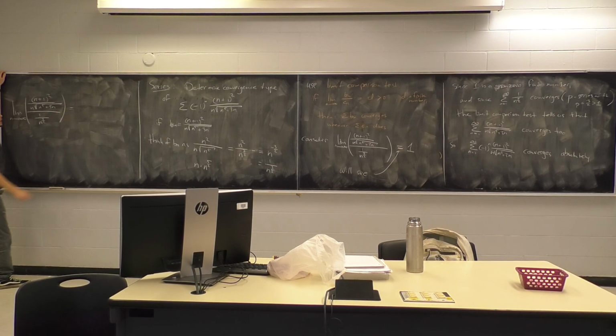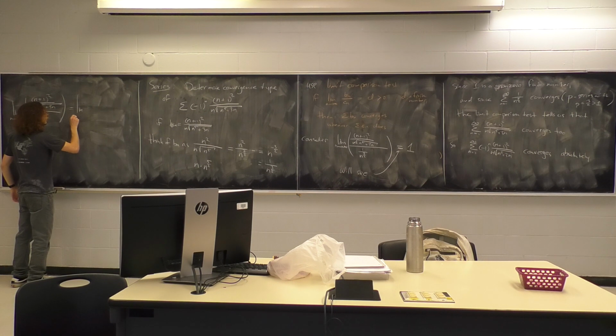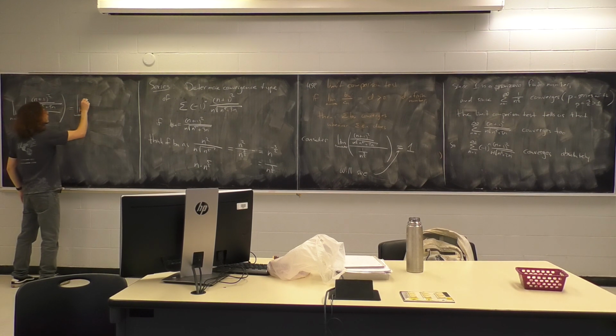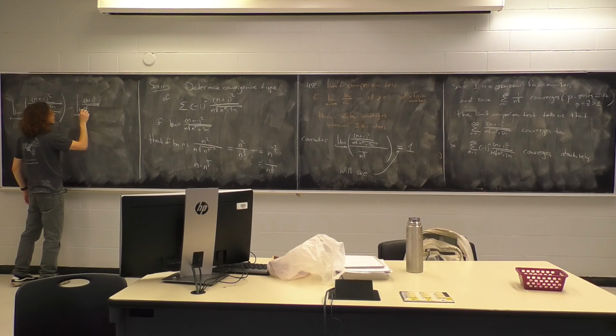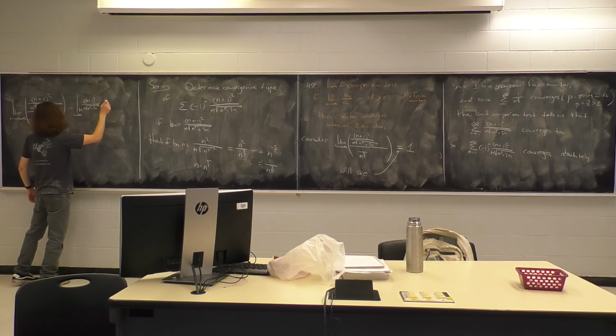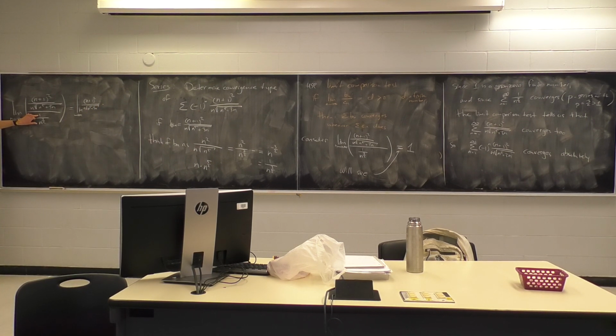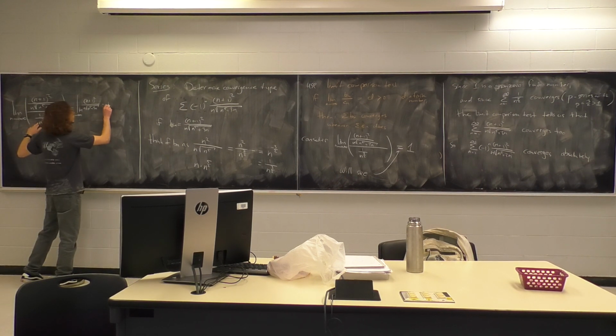This is very similar to how I taught you to apply the ratio test for power series, in the sense that we want to invert the second fraction. So I'll keep the n plus 1 squared over n times the square root of n to the power 5 plus 3n, and I'll multiply by the inverse of this fraction. The fraction is itself n to the power 3 over 2 inverted, so I'll have n to the power 3 over 2.